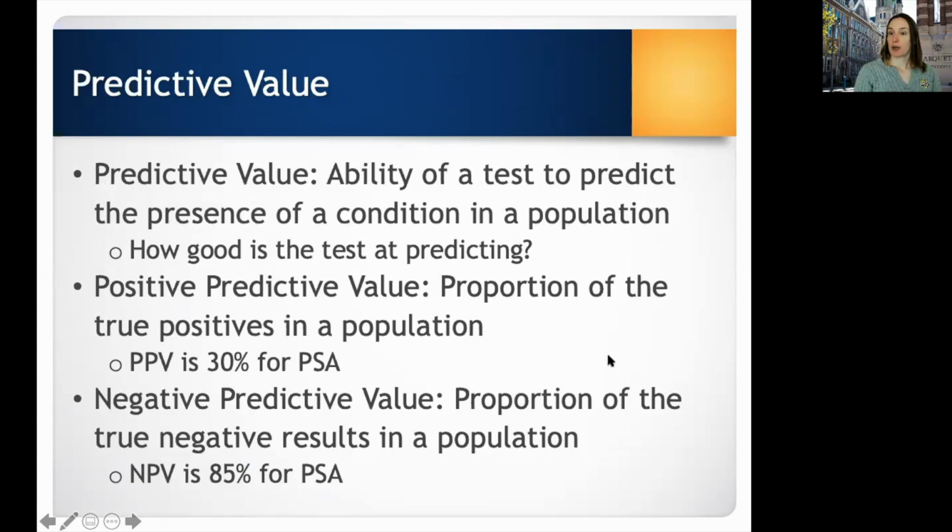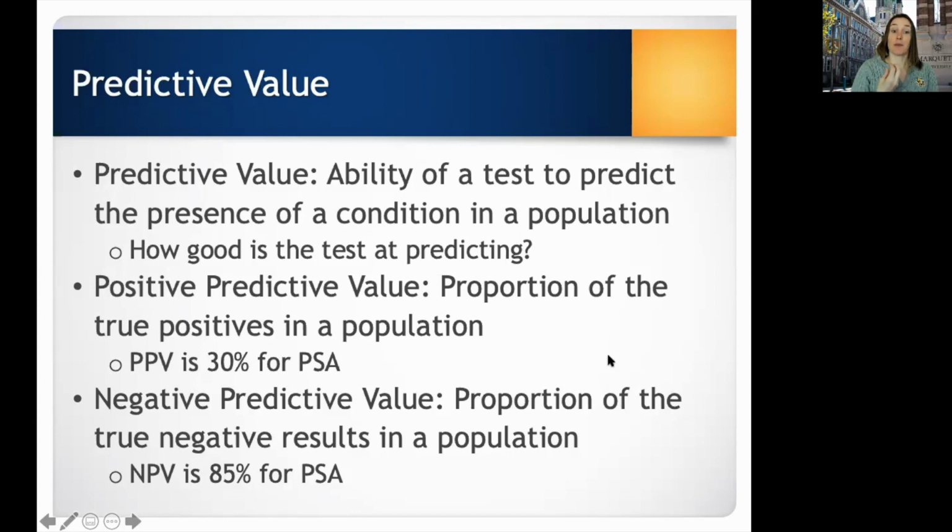Now we're going to talk about a few more terms. Predictive value is the ability of a test to predict the presence of a condition or a disease. We say condition because it could be pregnancy, and that's not a disease, in a population. How good is the test at predicting?